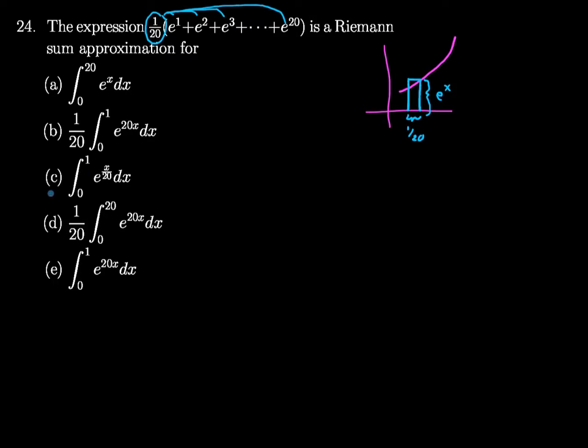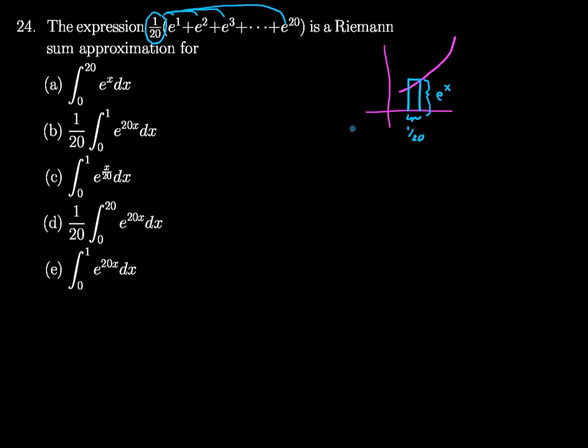It doesn't really match up, so this one won't be our case. This is e to the 400th, but other than that, the other ones all start at e to the 0, and we don't include an e to the 0 here, so I can't use a left Riemann sum. But if I use a right Riemann sum, I start at e to the first for most of these, and end at e to the 20th. So I knew this had to be a right Riemann sum.